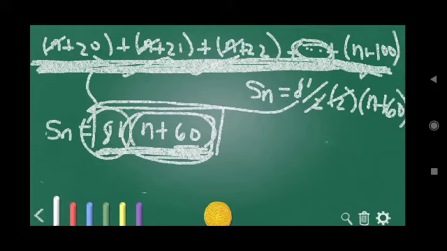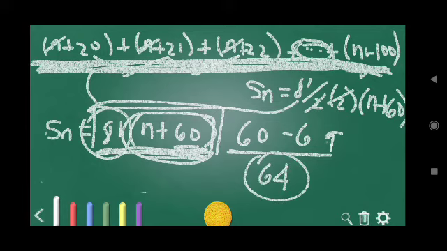It should not be more than 69, because you are only allowed to have numbers within the 60s. So you cannot use 59, you cannot use 70. Your only choice is from 60 to 69. But in these numbers from 60 to 69, there is only one perfect square number, and that is 64. That means n plus 60 has to be 64.